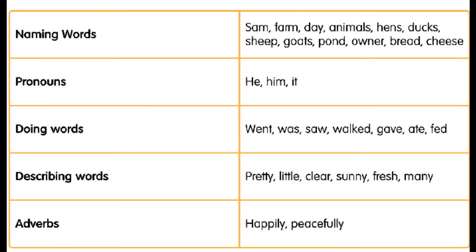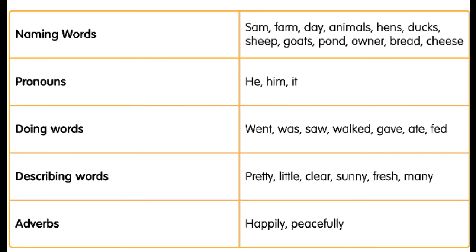Doing words like went, saw, gave, and moved tell us what the action is. Describing words like many, pretty, little, clear, sunny, and fresh tell us about the naming word and pronoun. The adverbs peacefully and happily tell us how the action is done.